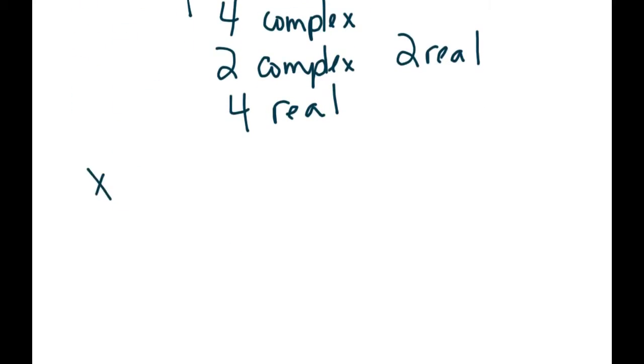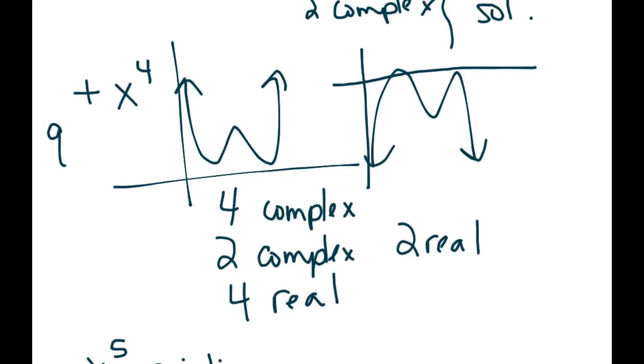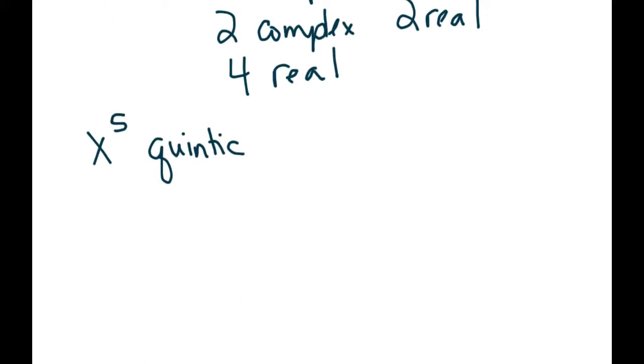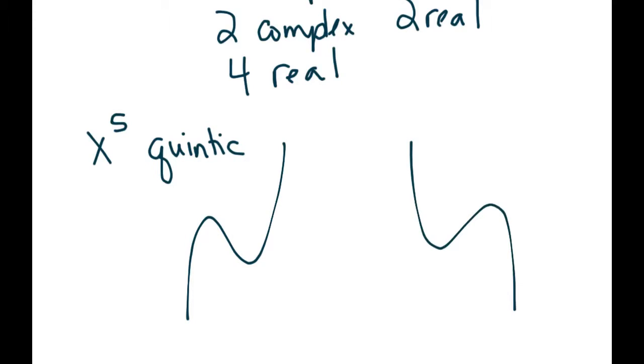Quintic, or degree 5 polynomials. Let me remind you that that is quintic, and this one is called quartic. Quintic functions, anytime the biggest exponent is odd, one end will go up and one end will go down, depending on if it's positive or negative.